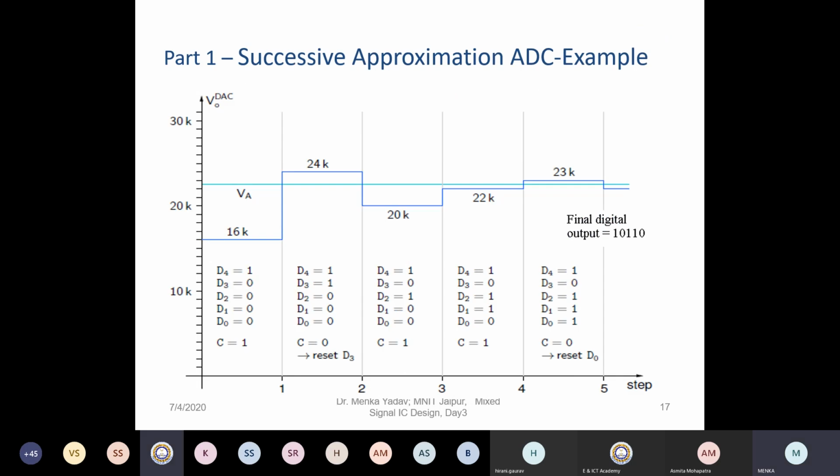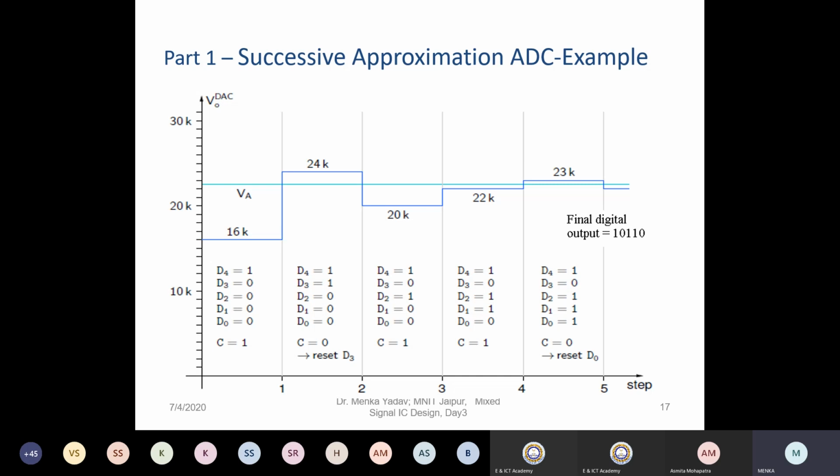Let us have a look at slide number 17. I have taken one example over here. This VA signal is the signal for which I just need to find out the digital equivalent. In the very first step, I am going to find out whether this VA is greater than or less than V reference by 2.